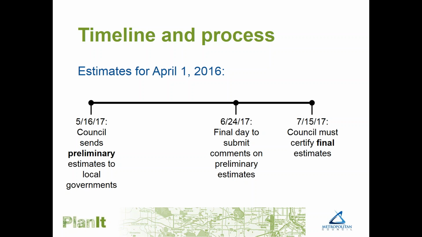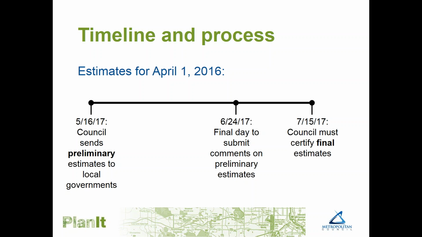And in that communication are three things: a letter communicating the preliminary estimate and how to respond, an overview of the calculations, and a detailed report showing the key inputs and calculations. We send these to the highest elected official and the highest appointed official in each local unit of government.